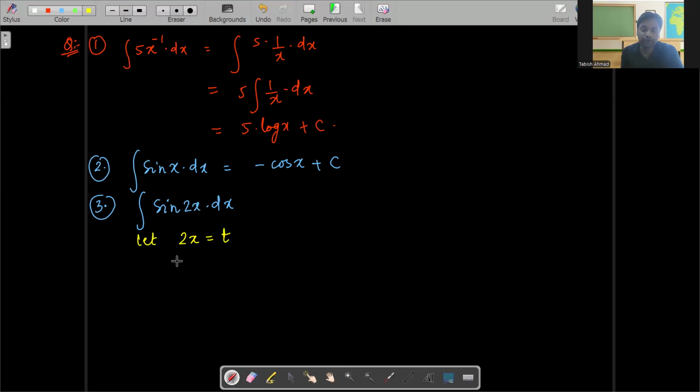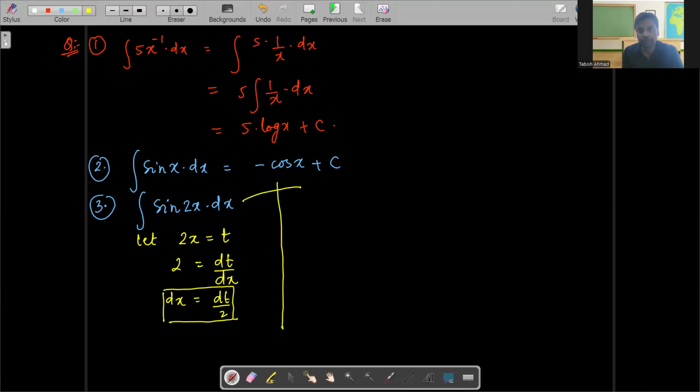The differentiation of 2x will be 2, so 2 equals dt over dx. From here, what is the value of dx? So dx is equal to dt over 2. Isn't it? You will say yes. So you got the value of dx.